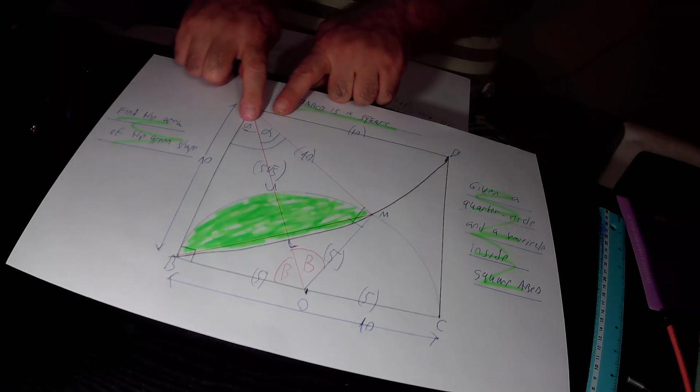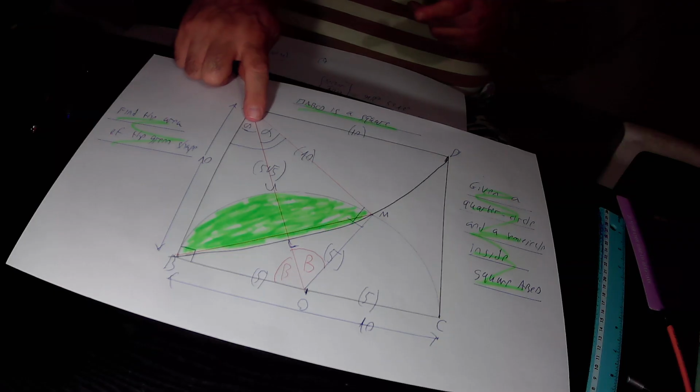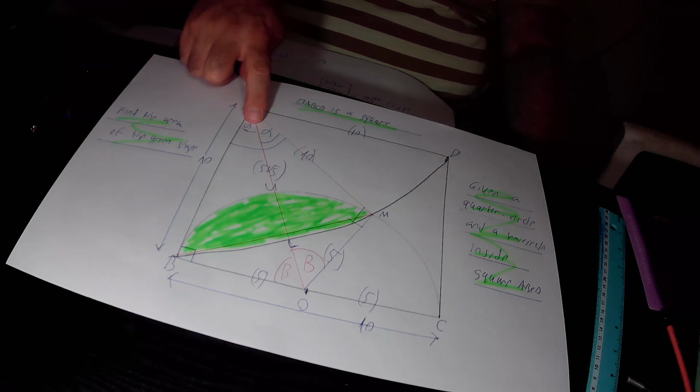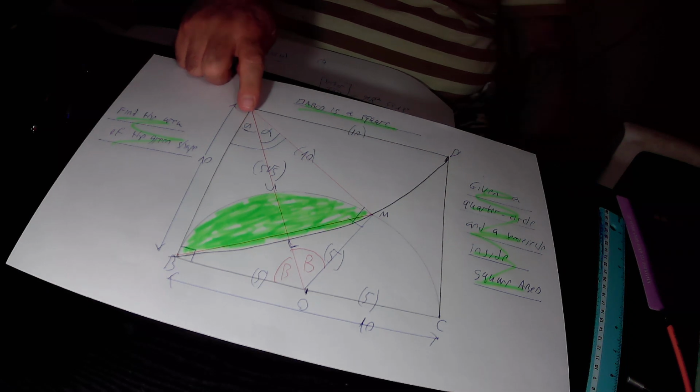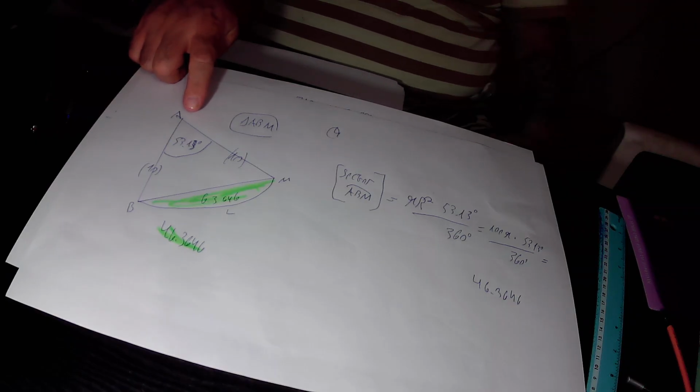This is alpha plus alpha, this is 2 alpha. We already found out that alpha equals 26.565, and therefore 2 alpha will be equal to 53.13 degrees. So the angle between the legs of the sector is 53.13 degrees.